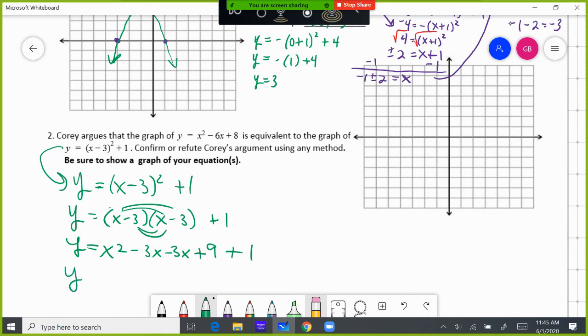And then combine like terms. So x squared minus 6x plus 10. See how the equations are almost the same? It's just this last number that changes it. Okay, so that's one way to show.